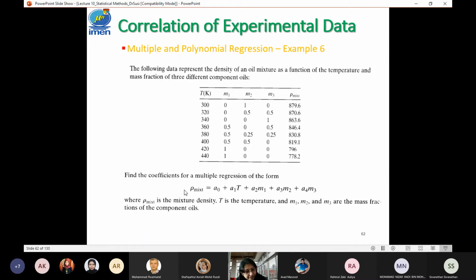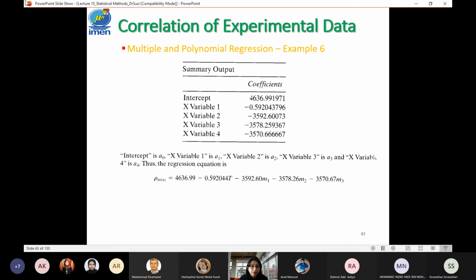When you do a multiple regression in this form, which relates the mass and the temperature to the density, you get a multiple regression equation.